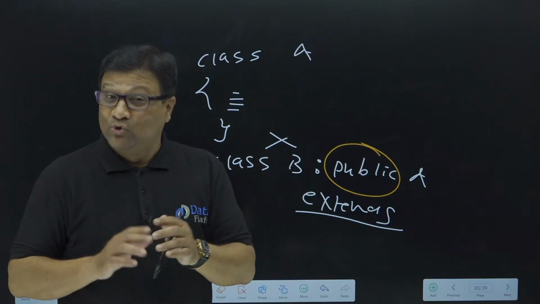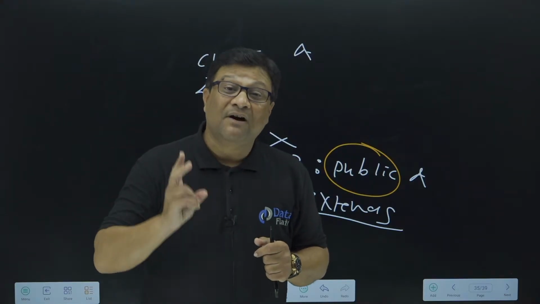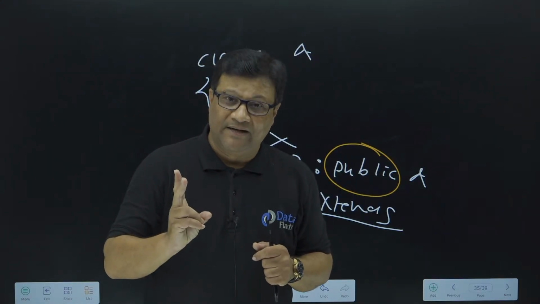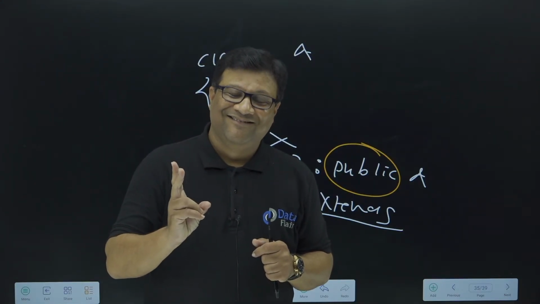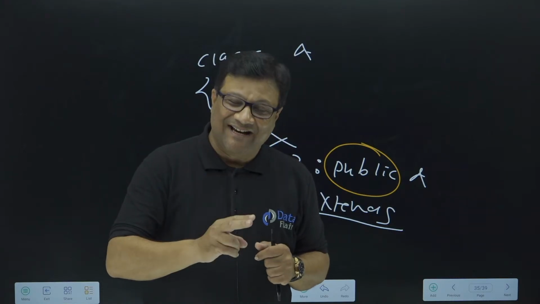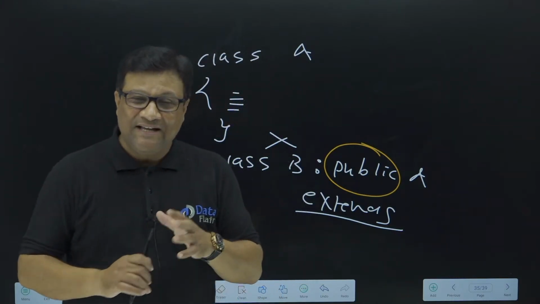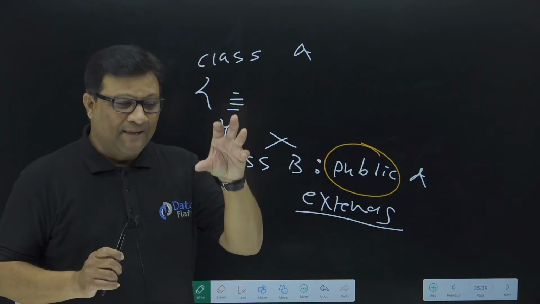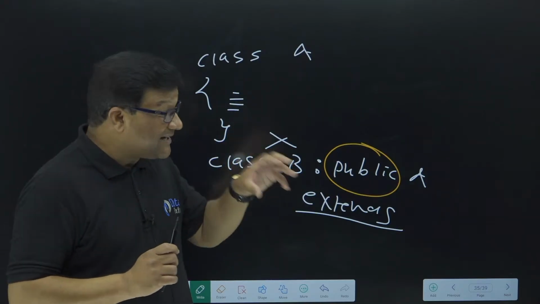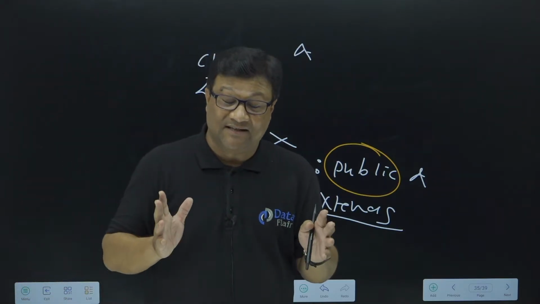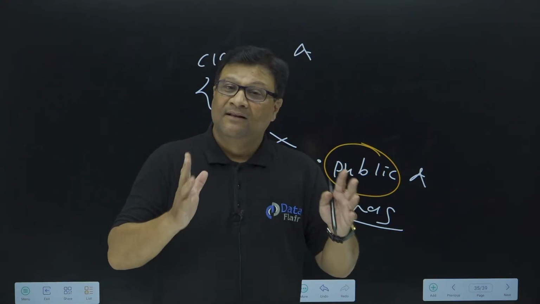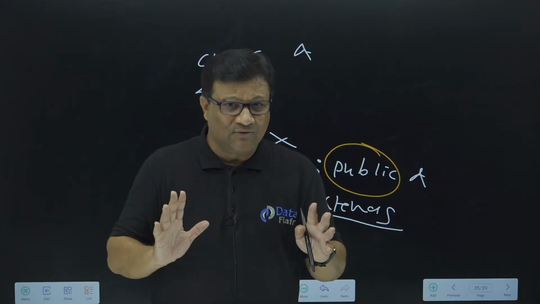In Java, no exe file is created. Java creates only two files: one is .java and the second is .class file, right? So in Java we only have two files, .java and .class. That is the important difference between C++ and Java. I hope you understood all this.